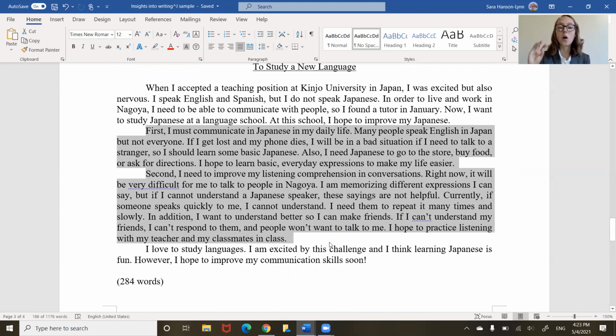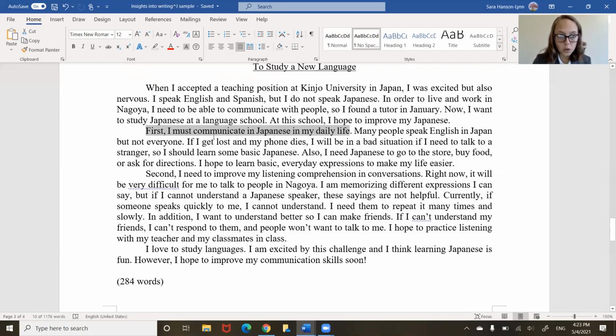And are all my ideas about that? So for me, this paragraph is about communicating in Japanese in daily life. Then I need to go into my paragraph and say, okay, many people speak English in Japan, but not everyone. Is that about communicating in Japanese? Yes, but the way that I wrote it is not very clear.